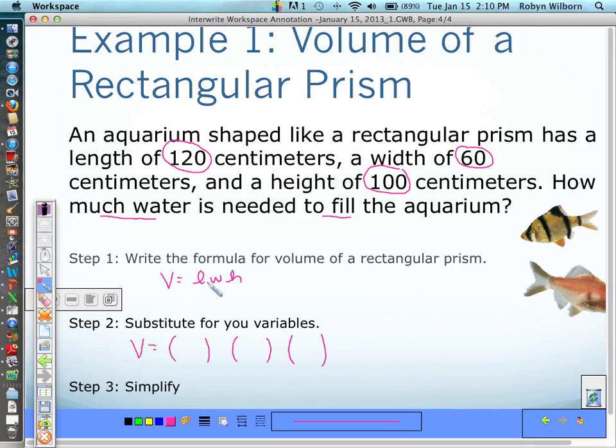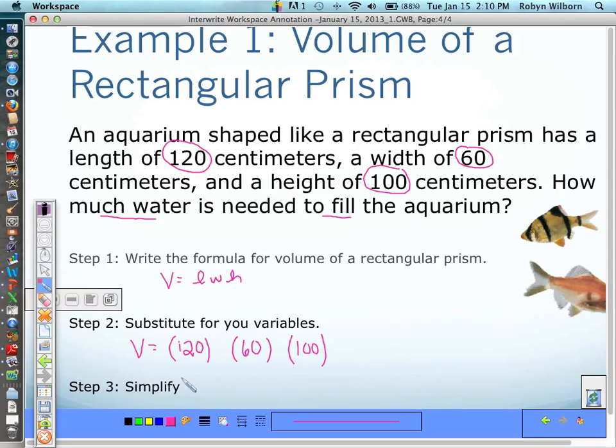My length is 120, so I'm going to fill that in here. My width is 60, so I'm going to fill that in here. And my height is 100, so I'm going to fill that in here. And again, they all multiply together.